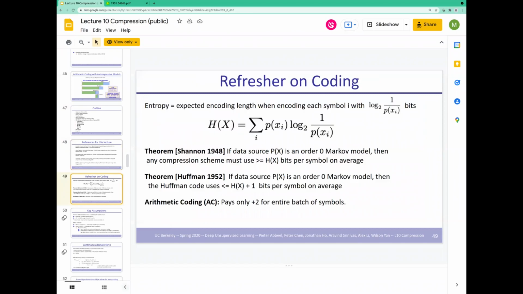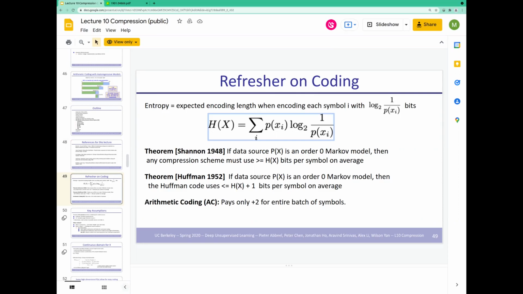So this is just a refresher on information theory. Entropy is the expectation of log 1 over p of xi, and this is the lower bound on the number of bits we can use for each symbol.